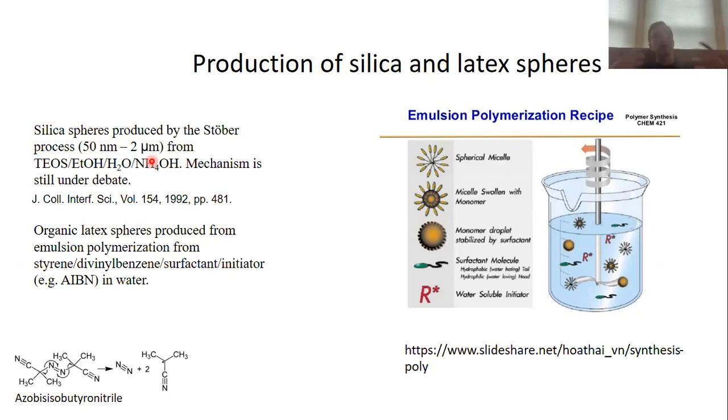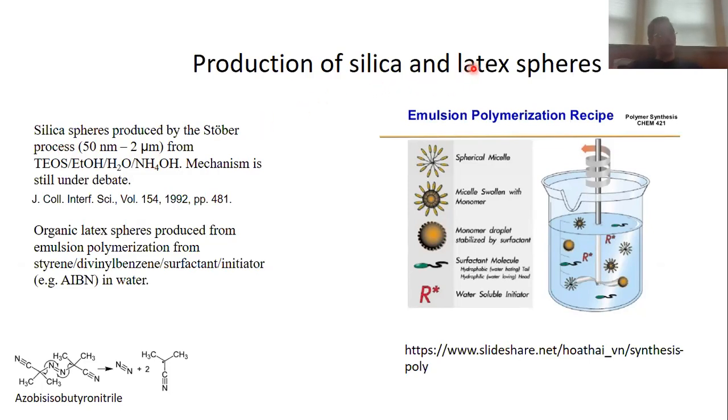Rather than that, further monomer would assemble around these spheres and make them grow, but keep them apart from each other, leading then to silica spheres of almost monodisperse size. So this is called the Stöber process.